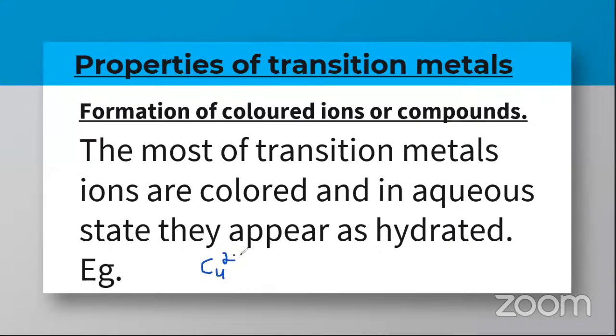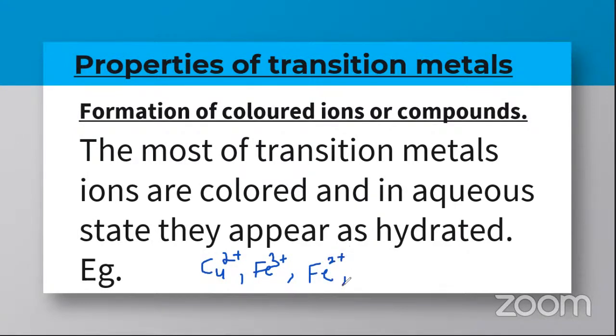I hope everyone remembers that. Then iron 3 ions in solution are brown in color. That's when we used to get a reddish brown precipitate. Then iron 2, we say this is pale green.